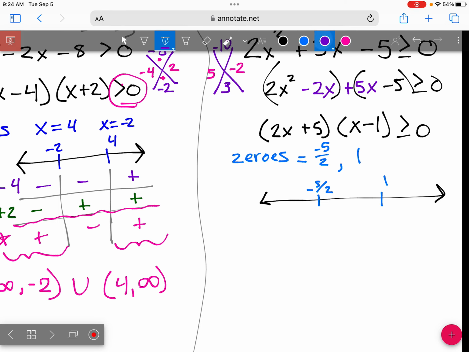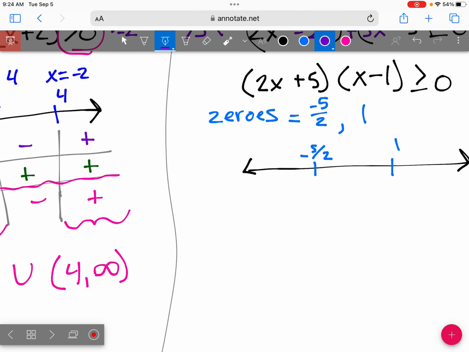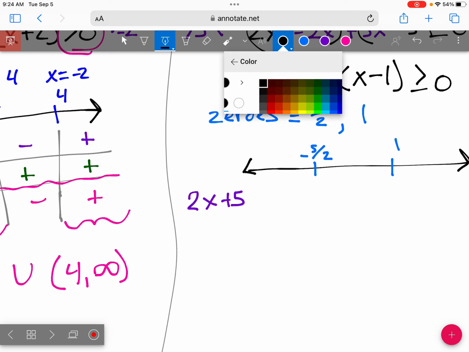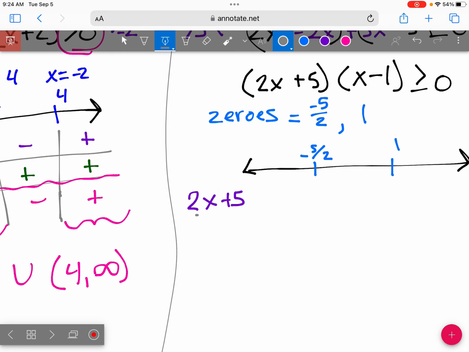So we're going to look at all of our pieces. 2x plus 5. If we pick numbers that are smaller than negative 5/2, are we going to have a positive or a negative number?